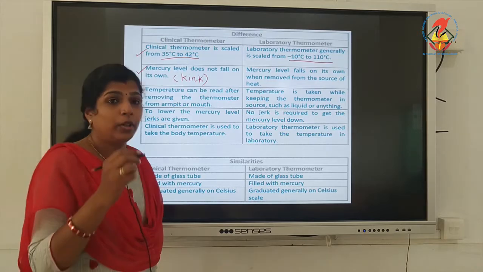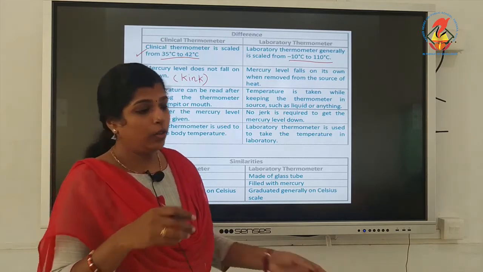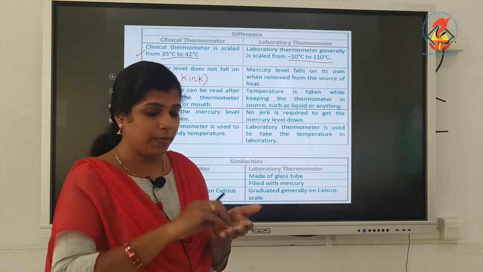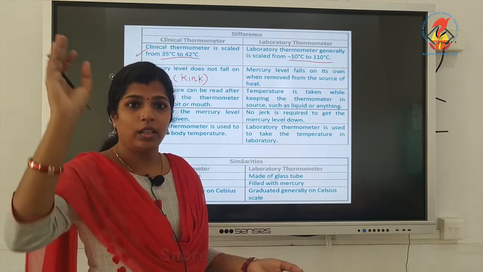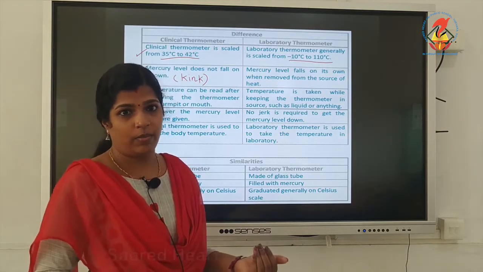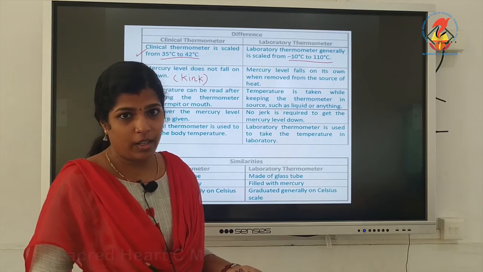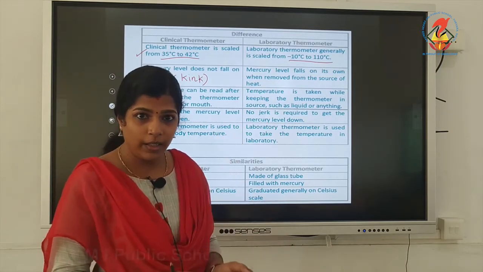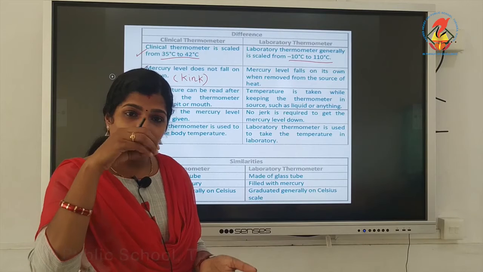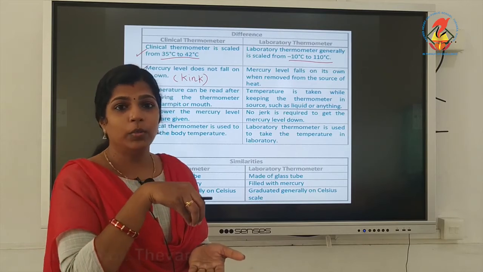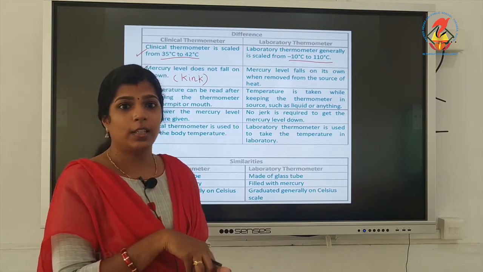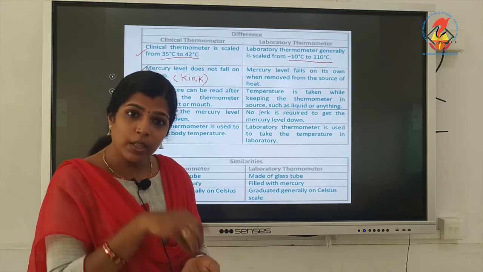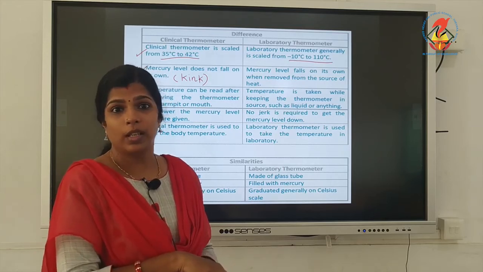But in a laboratory thermometer, when you take the thermometer outside that substance, the temperature reading will decrease. So, if you want to take the reading, you have to take it while the thermometer is inside that substance itself.